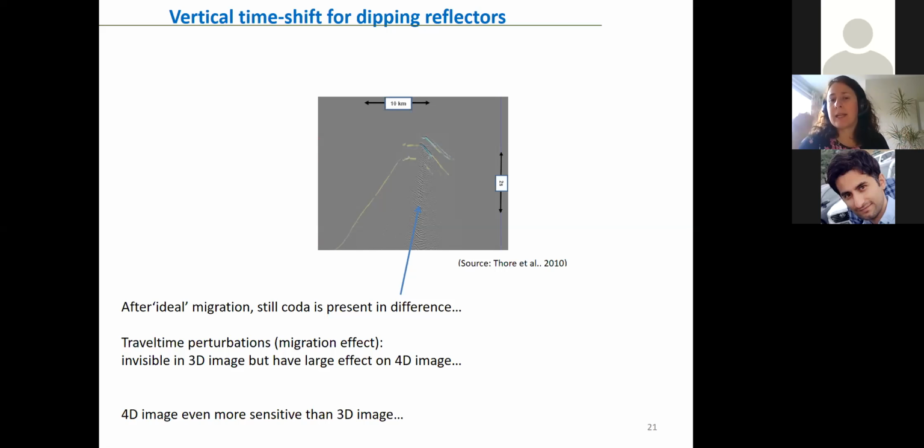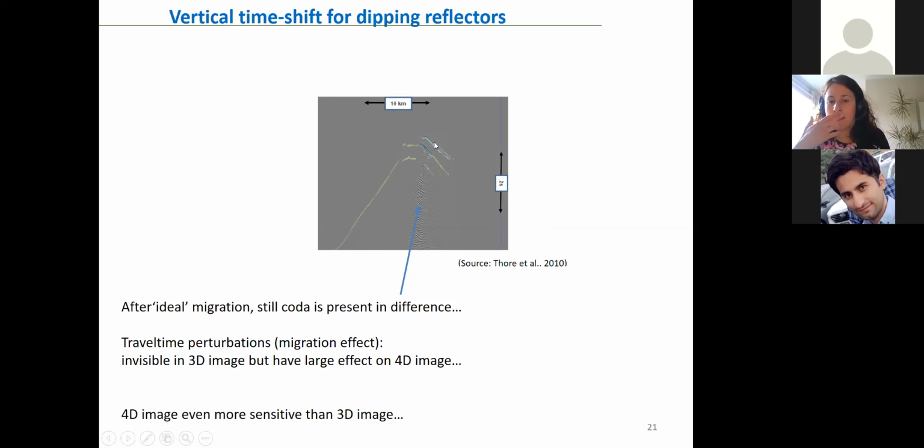a perfect alignment in the image domain, number one, and are we going to have 4D differences exactly in the location they are occurring? So what they showed was that even when you have this ideal migration, and this is a synthetic study, so of course they know the perturbed velocity model, what they saw was this very bizarre tail. Okay, so they call it coda. So it's a tail behind the origin of this 4D. And what they noticed is that that tail wasn't really vertical; it was subvertical and actually perpendicular to the dip.